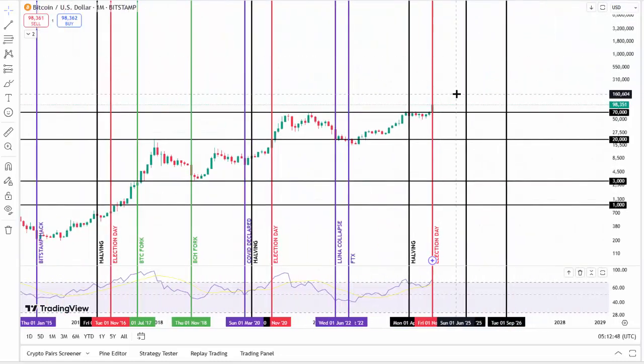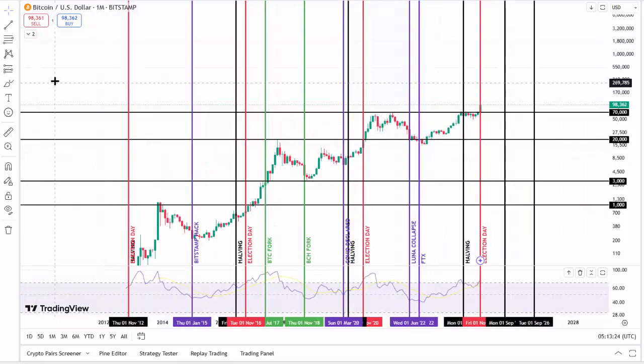And if we do the same for the bottom, we should be bottoming around September 2026, assuming that history continues to repeat, and history has been consistently accurate in terms of the 4-year cycle, slightly shorter than 4 years. So we should be topping around September 2025 and bottoming September 2026.